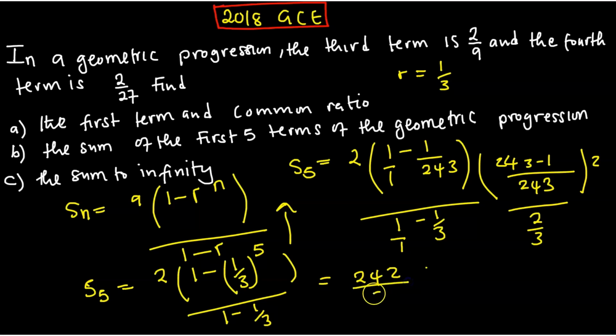Divide by 243. But remember, there's a multiplication by 2 here. Let me put it this side. Multiply by 2. But the one that you are dividing by, when we bring it this side, is going to be multiplied by 3 over 2.